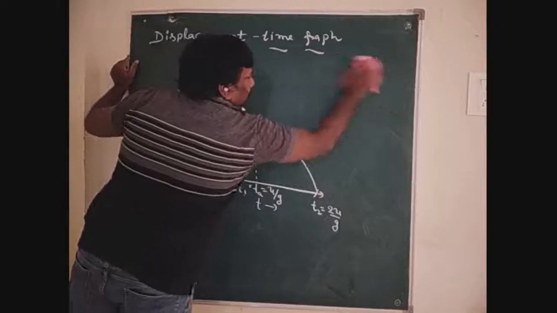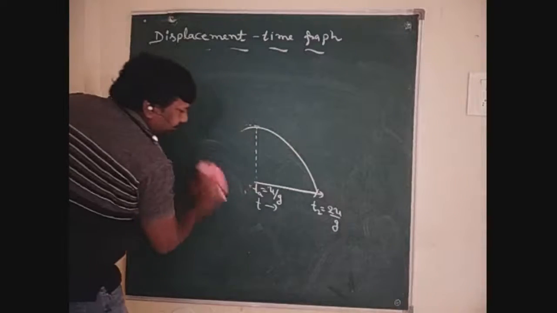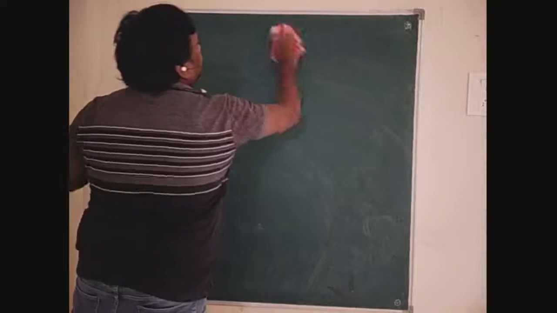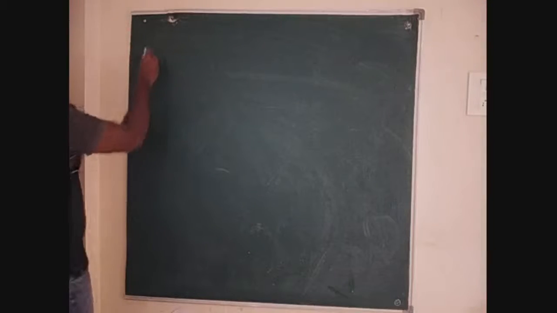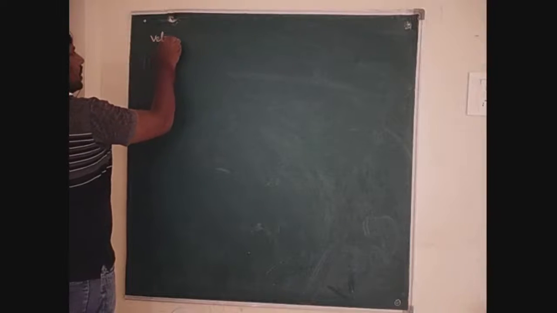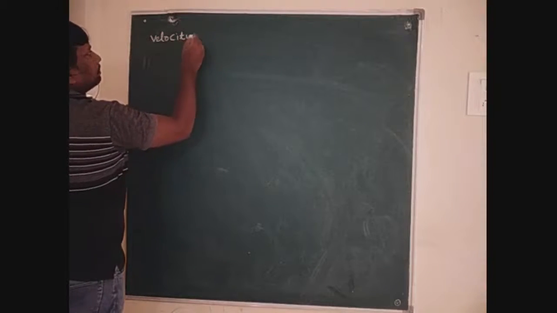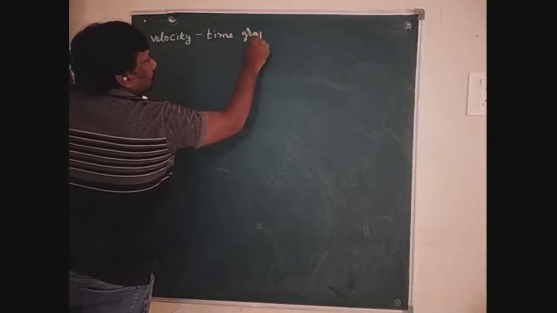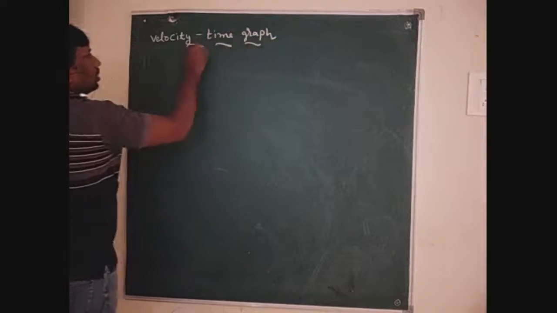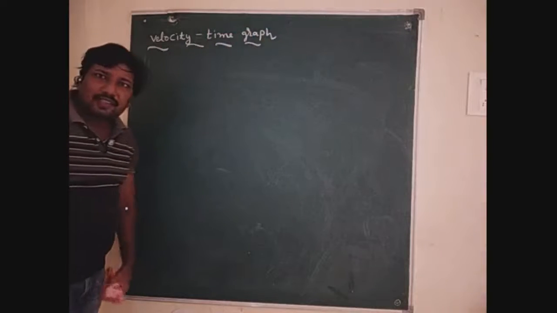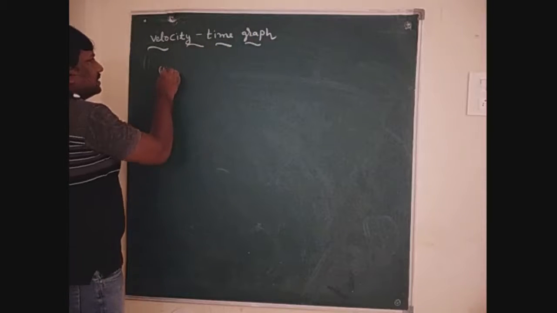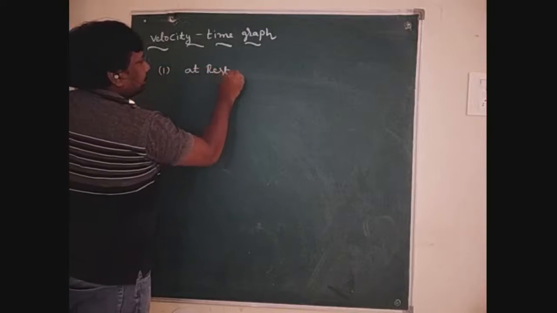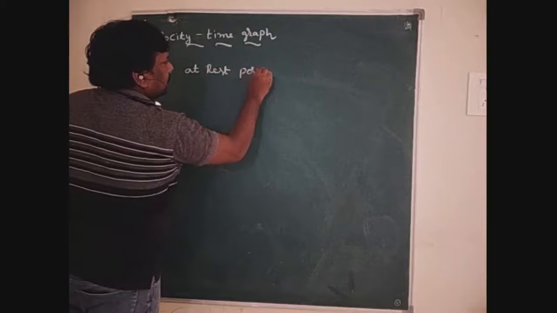Next graph is the velocity time graph. In the case of the velocity time graph, the first case is the particle at rest position.